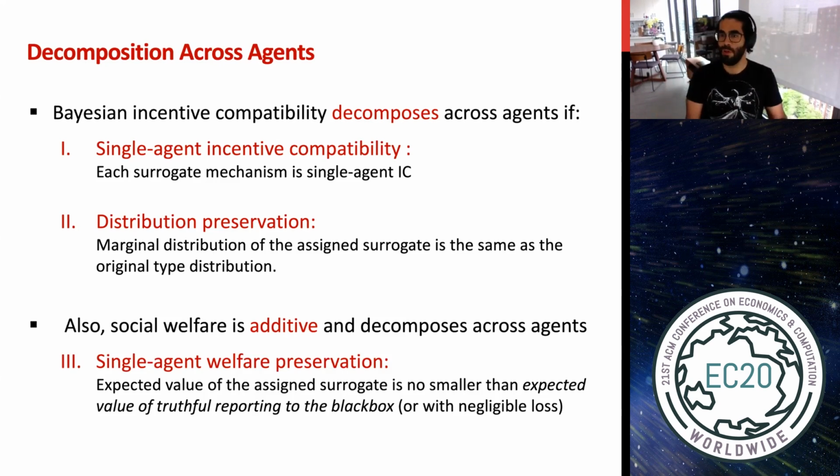So your only goal is designing a surrogate mechanism that satisfies the three properties on this slide: single agent incentive compatibility, distribution preservation, and single agent welfare preservation.